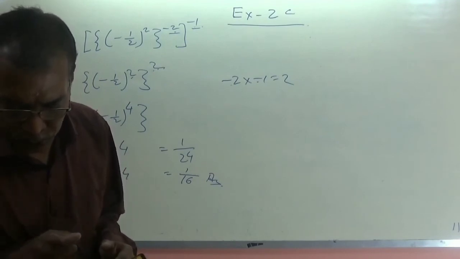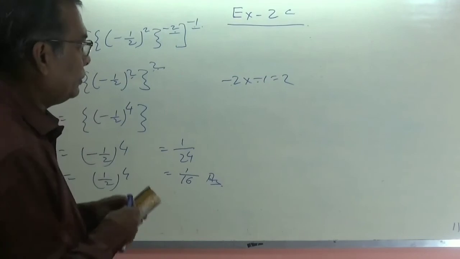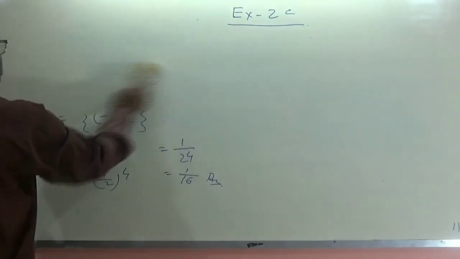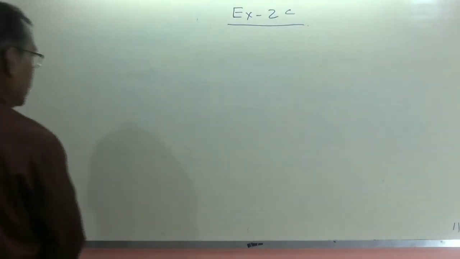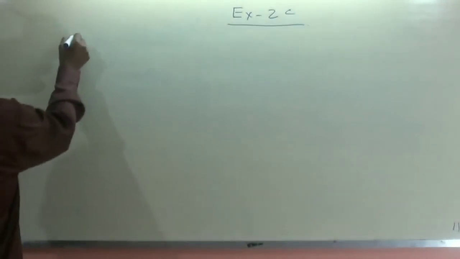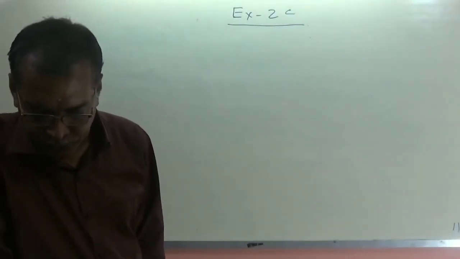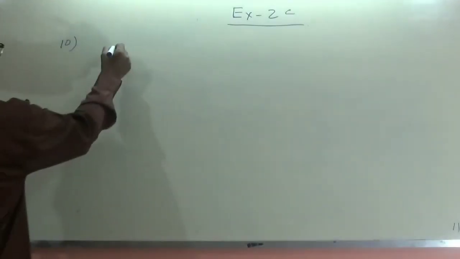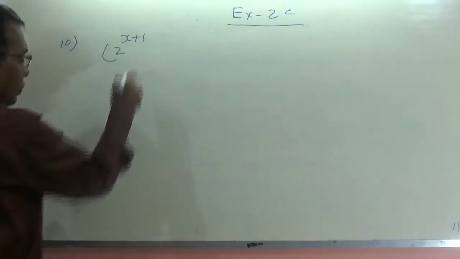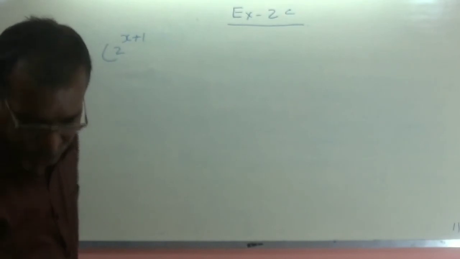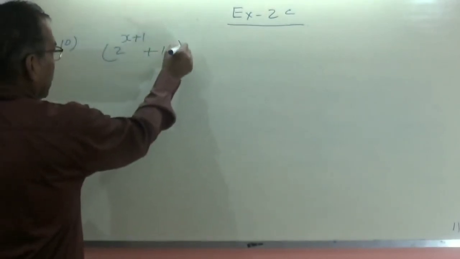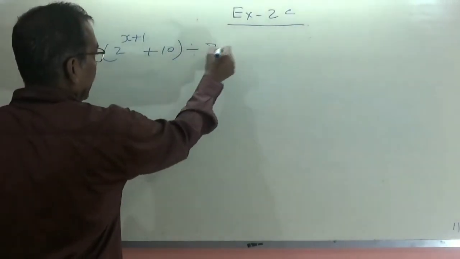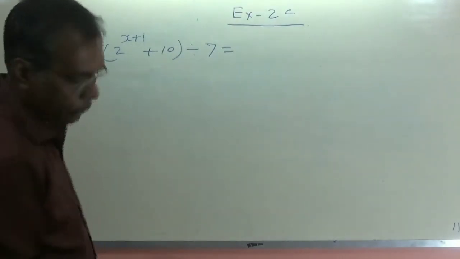Now one more question, say question number 10. The question says that 2 power x plus 1, plus 10, divide by 7 is equal to 6.